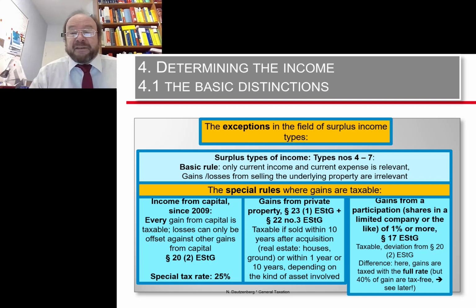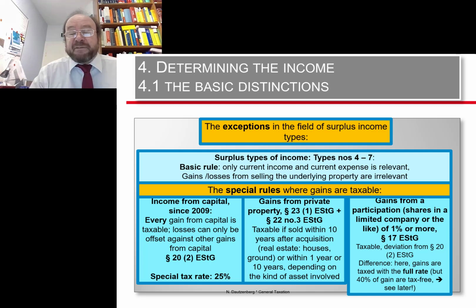That is covered by section 17 ESDG, and it's classified as fictional income from trade. Now that peculiar exception has basically become senseless since the introduction of 22 ESDG, every capital investment. That also means shares is taxable when sold.